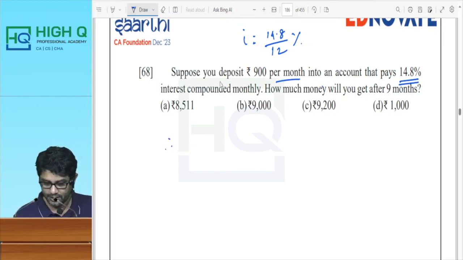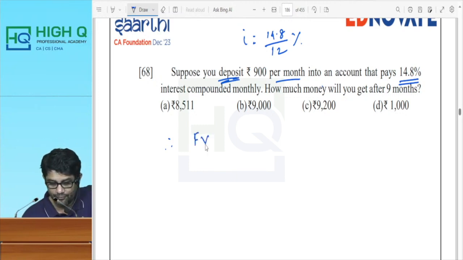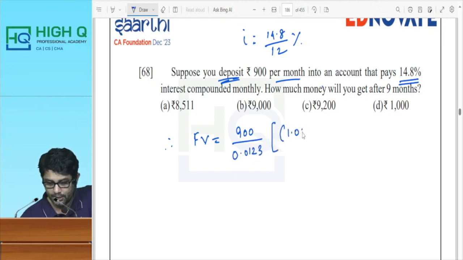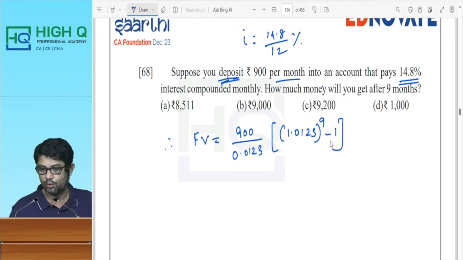So therefore this is a deposit. The deposit means it is a future value. So future value is equal to 900 divided by 0.0123 into 1.0123 whole power 9 minus 1. Am I right, my dear? Is this what we need to do?